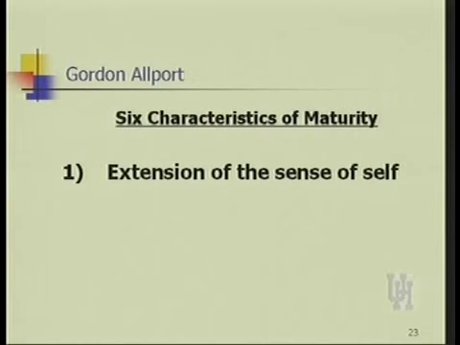So his 6 characteristics of maturity, first of all, involve an extension of the sense of self. And here Allport meant that while self-love is important, the truly mature person can go beyond himself or herself and be involved with other people and actually have an internalized desire to influence the world around himself or herself.